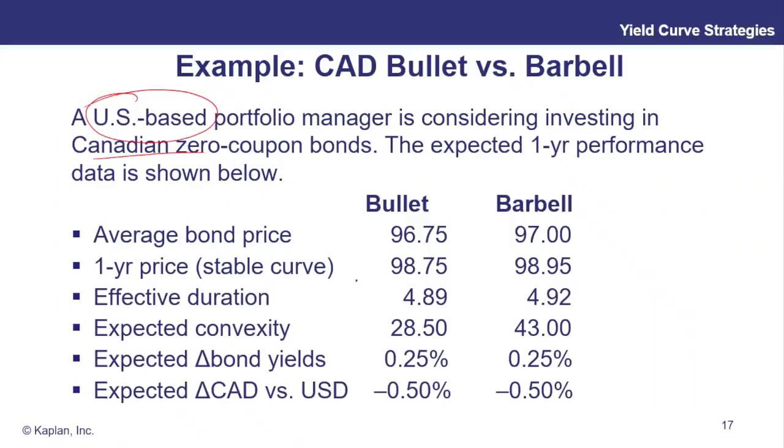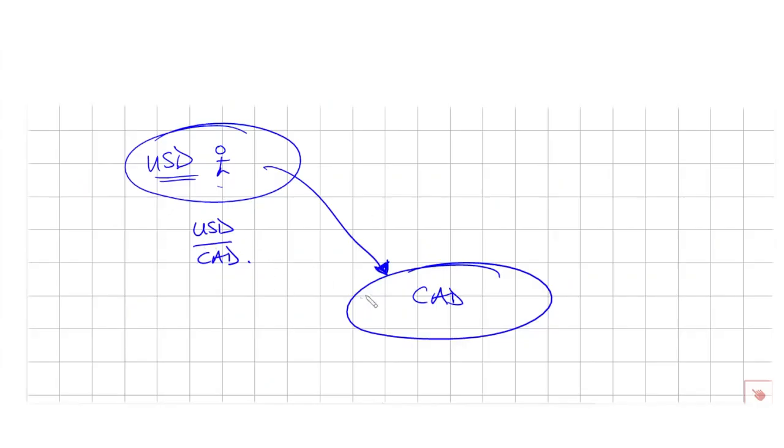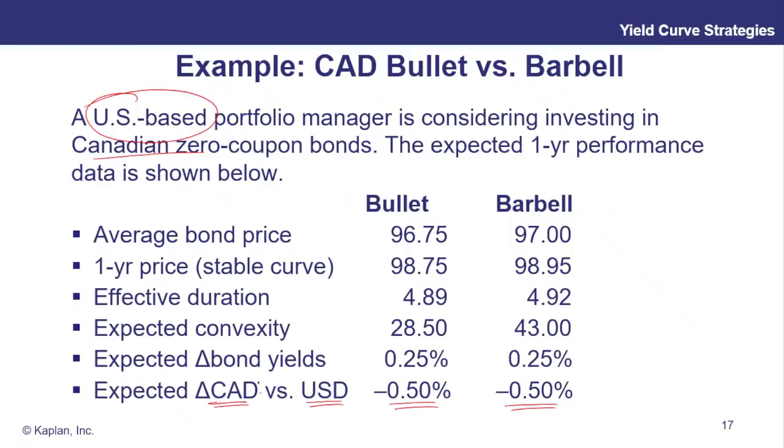Okay. I'm not sure it's such a big deal here actually, because look at this expected change in Canadian versus US. They're just telling us here that the Canadian dollar is expected to weaken by 0.5% versus the US dollar. So look, it doesn't do any harm for me to go through this kind of good hygiene, if you like, because you will need it, but in this particular case it wasn't required.